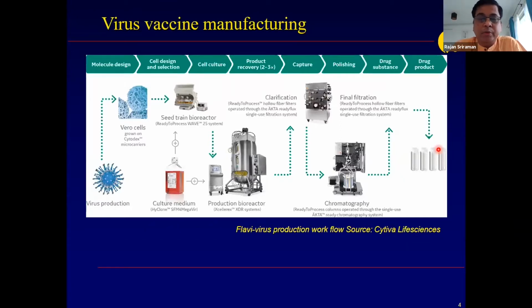I borrowed this slide from the Cytiva website, which says virus vaccine manufacturing process. The reason I'm putting this is to highlight two things. One is, of course, there is automation and there's the possibility of large-scale bioreactor-based manufacturing for virus vaccine.